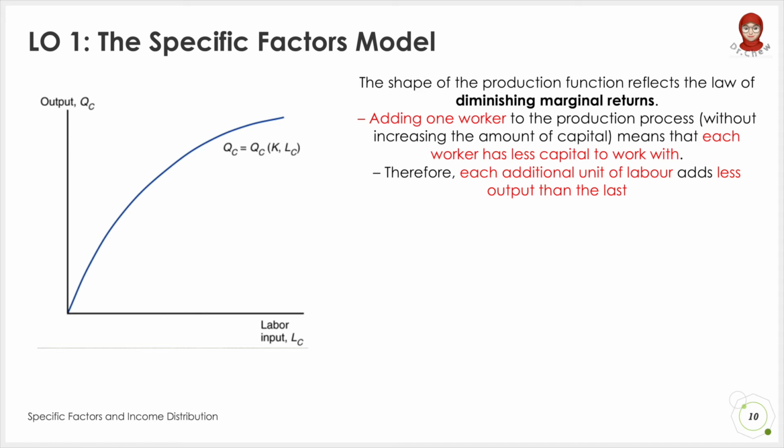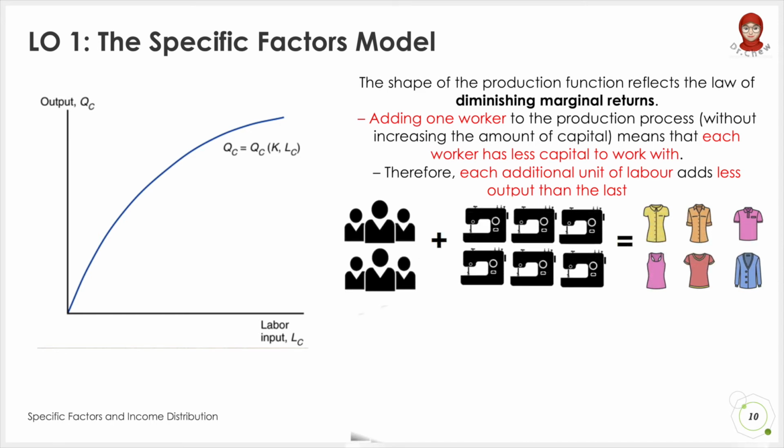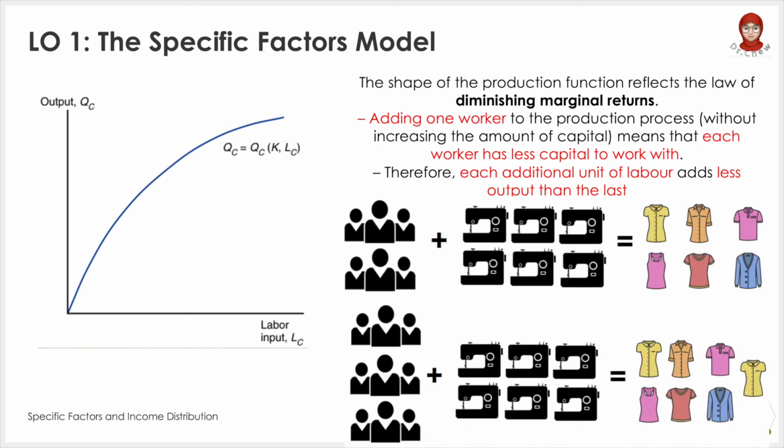So the curve gets flatter instead of continuing to rise proportionally. Please remember that labor must combine with either capital or land in producing goods. As explained previously, labor and capital are used to produce clothes. Therefore, adding one labor to the production process without increasing the amount of capital means each worker has less capital to work with, so the output will be less than the previous output.